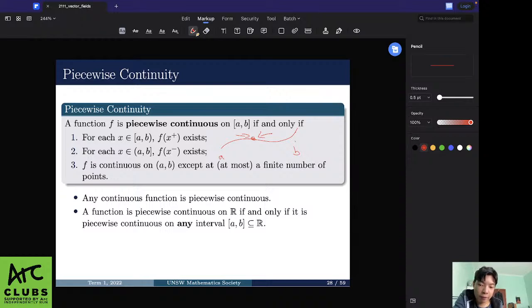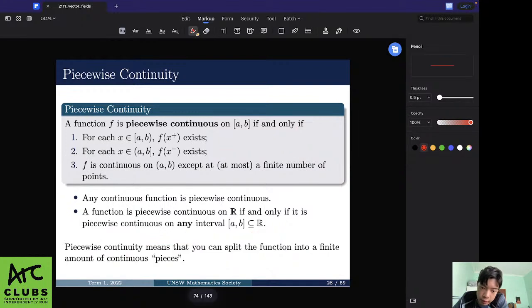Something else is that if a function is piecewise continuous on the whole of R, we can take any interval and then find the function there, and in this interval, it should still be piecewise continuous. Or maybe this interval, or any other interval that we can find.